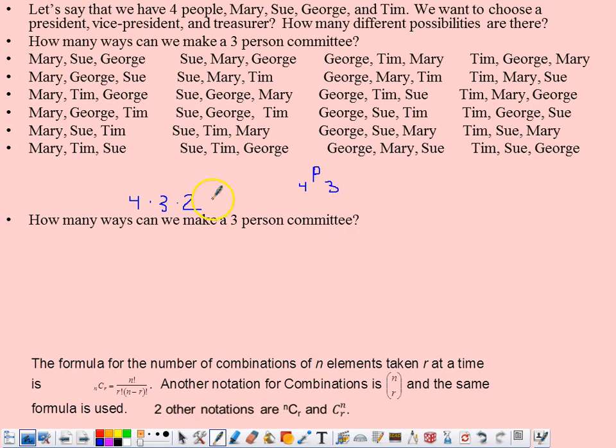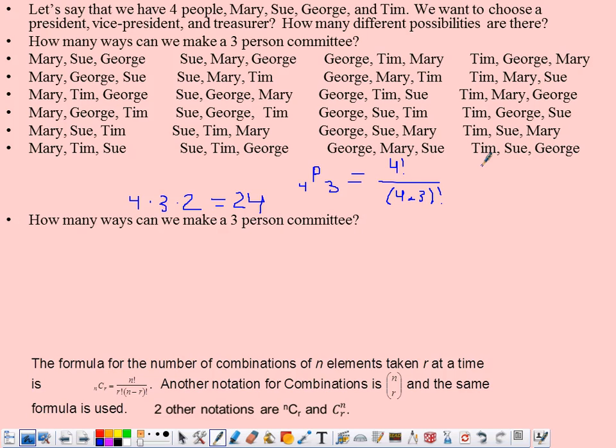Okay. And so how many different ways should I have gotten? Okay. So those are the different ways that we could figure out, and I'll just go ahead and show the formula. This would be 4 factorial over 4 minus 3 factorial. Is that going to be the same thing? Yeah. Okay. And so you have that.